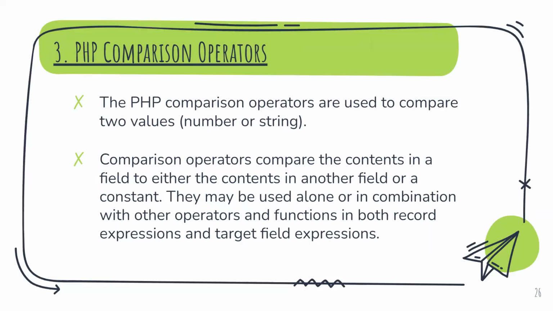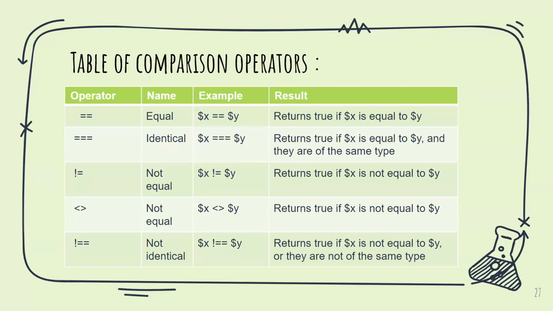Comparison operators are also similar to the comparison operators present in the C language. These are the different types of comparison operators present in PHP. We use double equal to check whether the values present on the left and right hand side are equal, and if they are equal, it returns true, else it returns false.